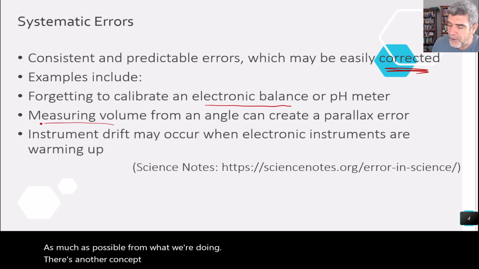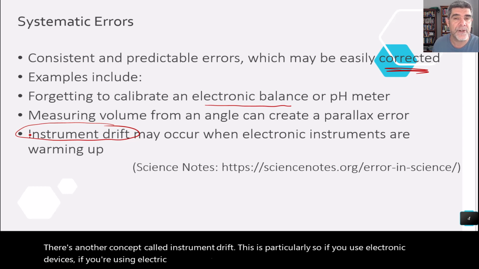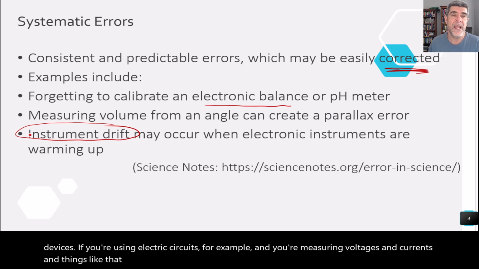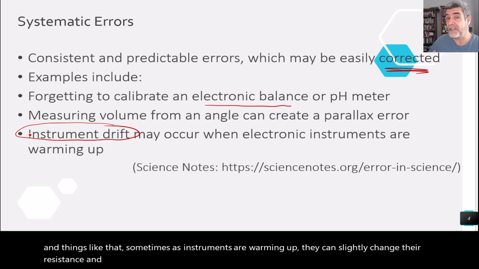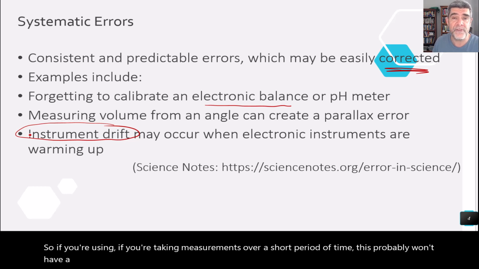There's another concept called instrument drift. This is particularly so if you use electronic devices, if you're using electric circuits, for example, and you're measuring voltages and currents and things like that. Sometimes as instruments are warming up, they can slightly change their resistance, and if they slightly change their resistance, then that might also change their values. So if you're taking measurements over a short period of time, this probably won't have a big effect on your values.